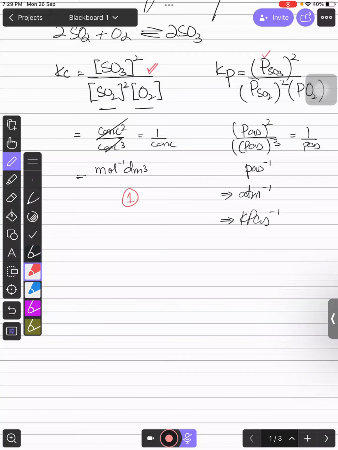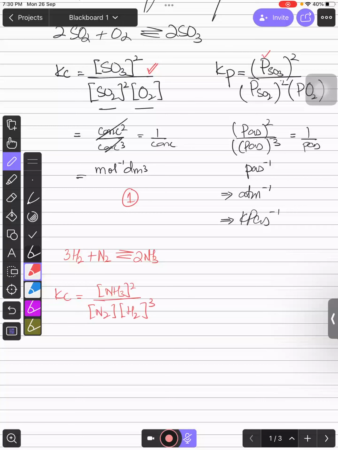So for example, if you talk about the formation of ammonia, it is 3H2 plus N2 gives you 2NH3. If you want to write the Kc expression for this, it is the concentration of NH3 with the power of 2, over the concentration of nitrogen times hydrogen concentration with the power of 3.